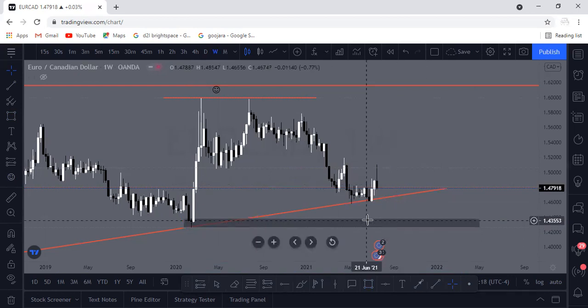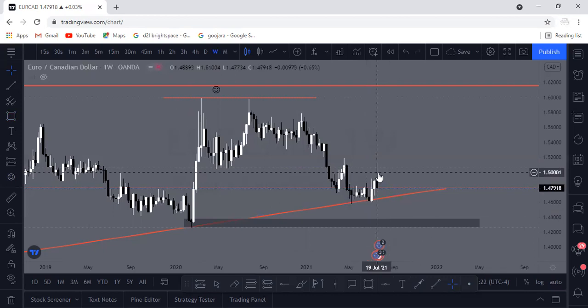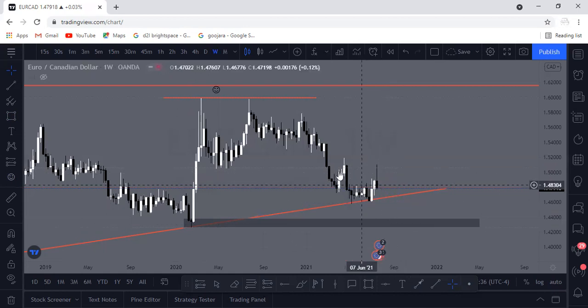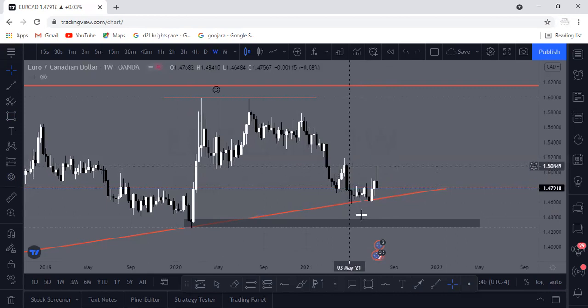For the price to come back down here, it has to distribute. Let me repeat: for the price to come down here, it has to distribute. So what I see here is an order block. Somewhere here, this was an order block.